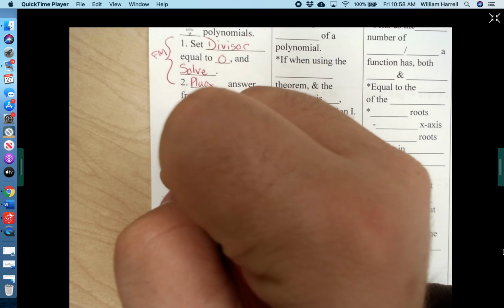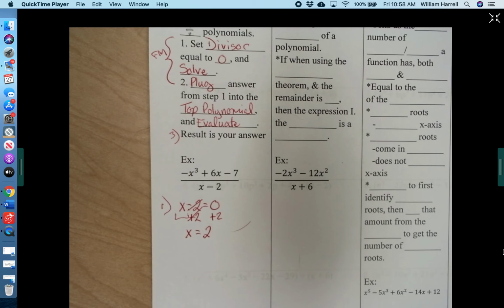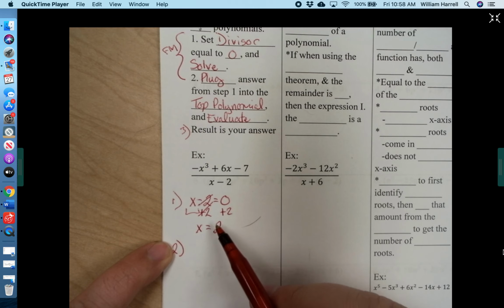Okay, and this is kind of step 3 if you want to say it. Result is your answer.